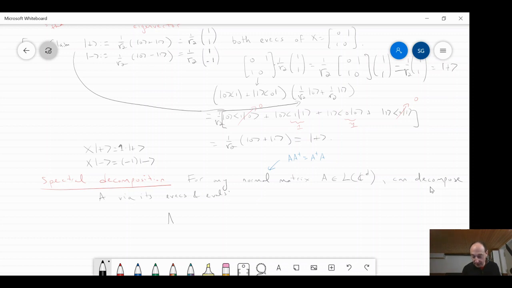I could always write A equals the sum, and A is a D by D matrix, so you could come up with an orthonormal basis of eigenvectors, and it looks like this. Here are the eigenvalues of A, one by one, and these are the corresponding eigenvectors.